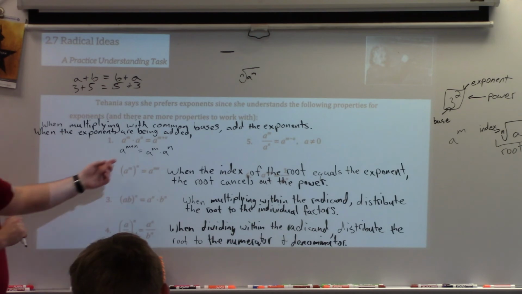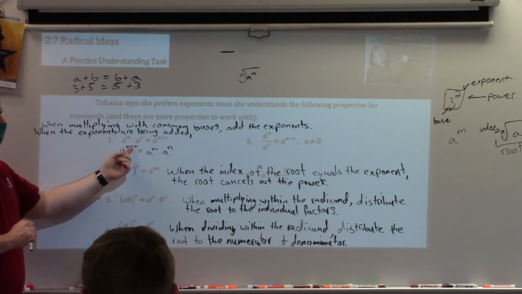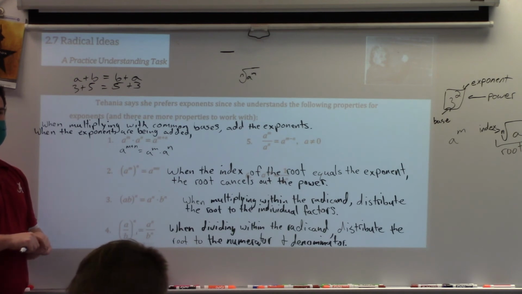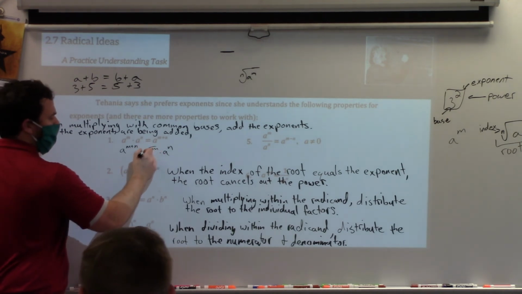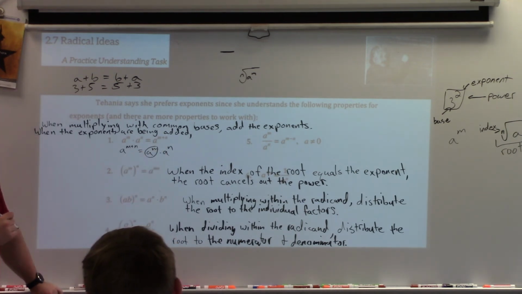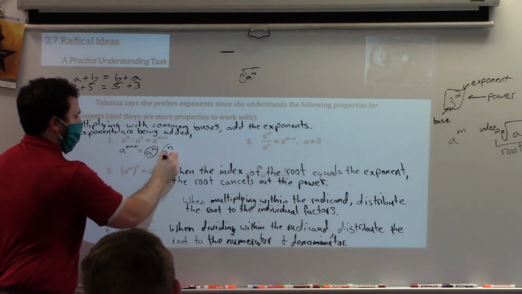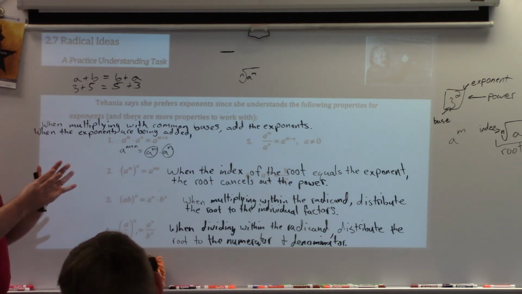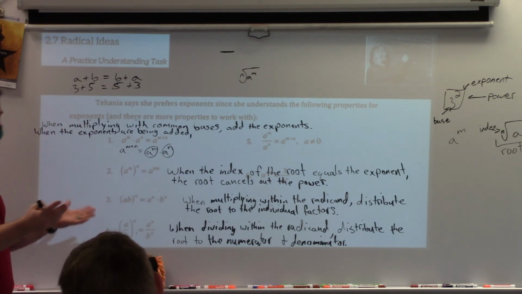How would we describe what's happening here, right? We are adding the exponents, but then equal to. Well, what do we call this thing right here? Power. So when the exponents are being added, we can split it into two powers.